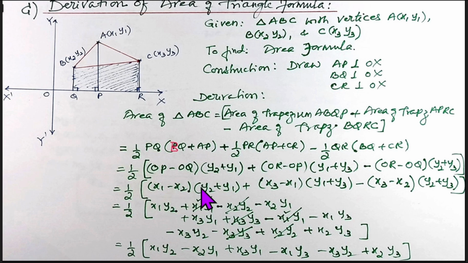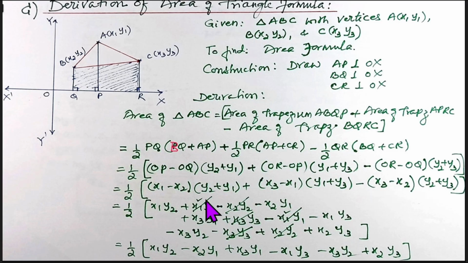Now multiply these brackets. We have got x1 into y2 plus x1 into y1 minus x2 into y2 minus x2 into y1. Again we have got x3 into y1 plus x3 into y3 minus x1 y1 and minus x1 y3, minus into plus is minus, that is minus x3 y2, then minus x3 y3, minus into minus is plus x2 y2 and plus x2 y3.